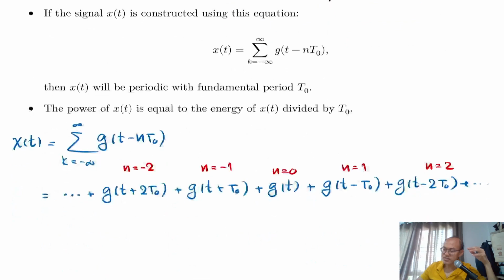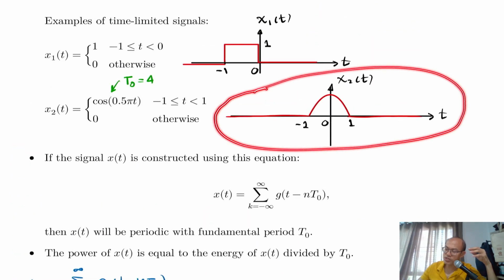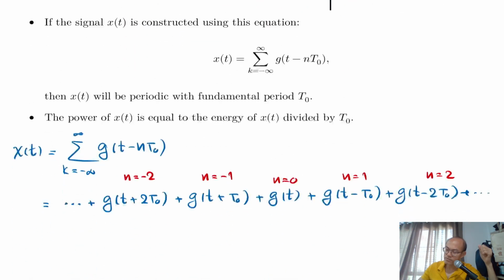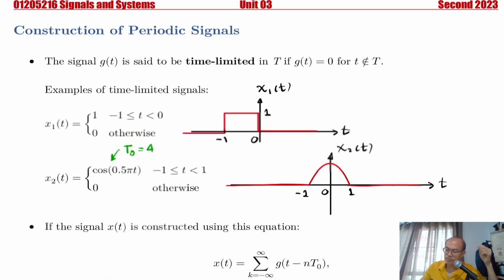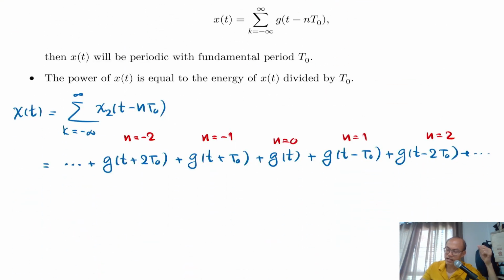So let's see. Now let this be g, okay? Let g equal to x2. Let me change this to x2. x2 is this one. I have to change it to x2.